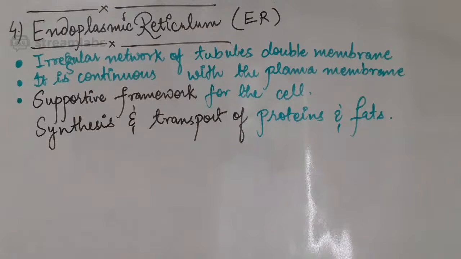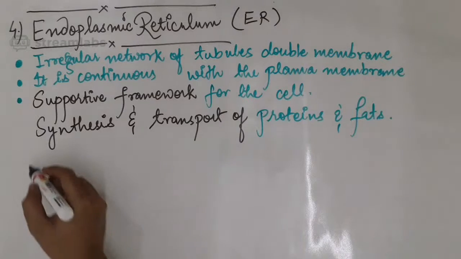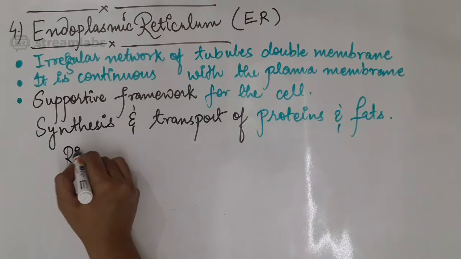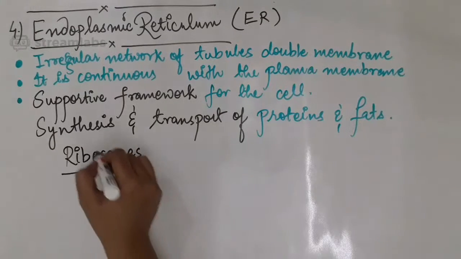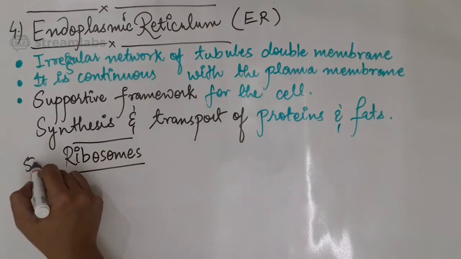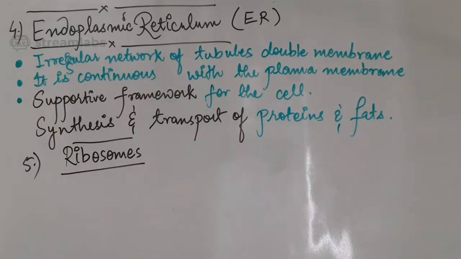Along with them, the cell organelle named ribosomes, this is the cell organelle which is in the form of small granules.